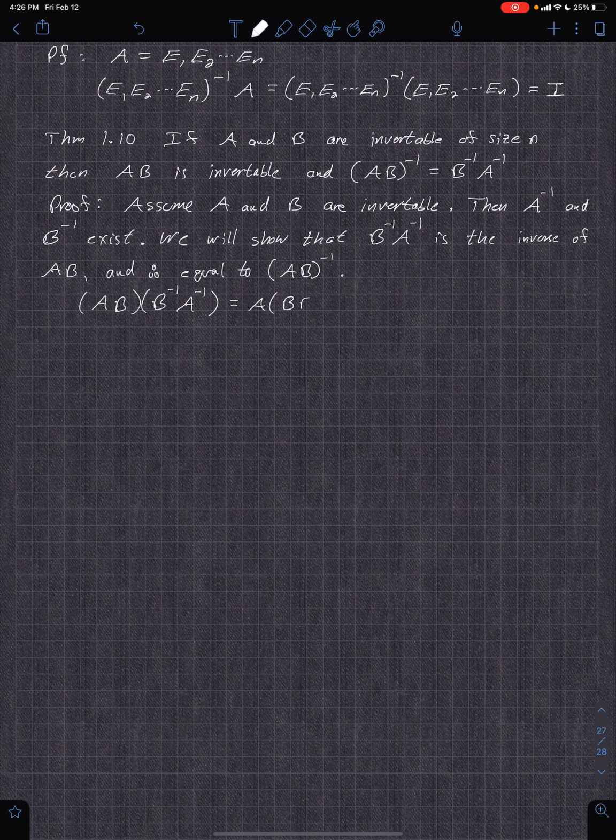That's B times B inverse, then A, which is A I A inverse. Which, of course, is just A times A inverse, which is equal to the identity matrix, I.